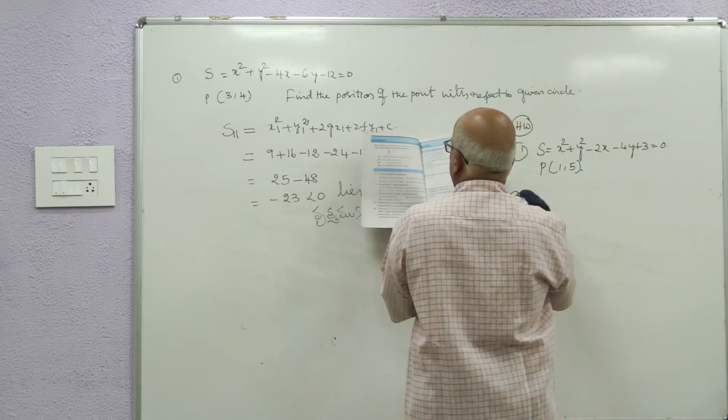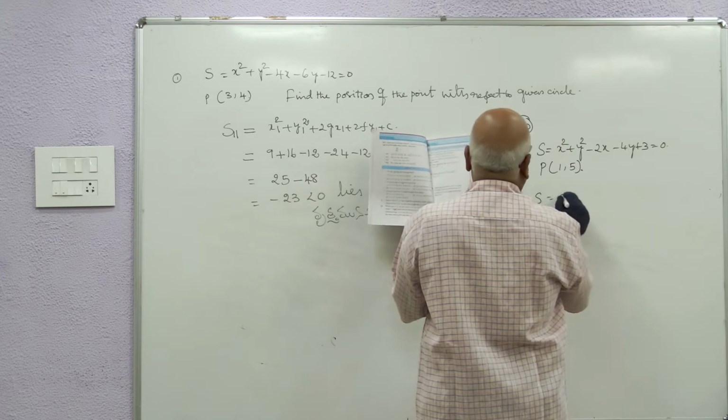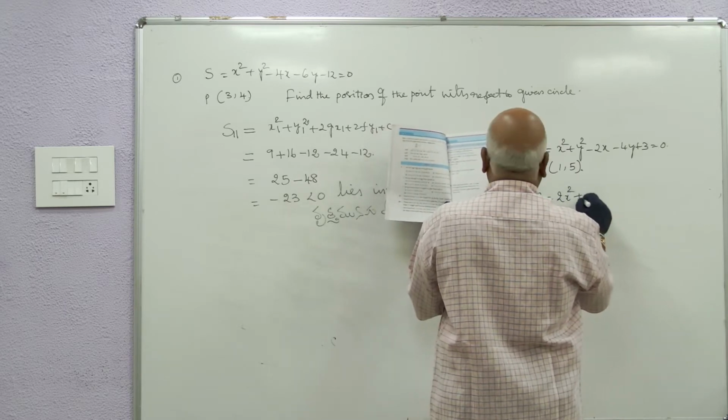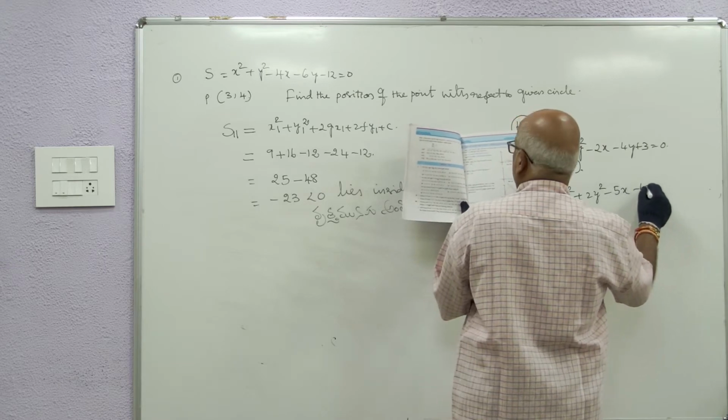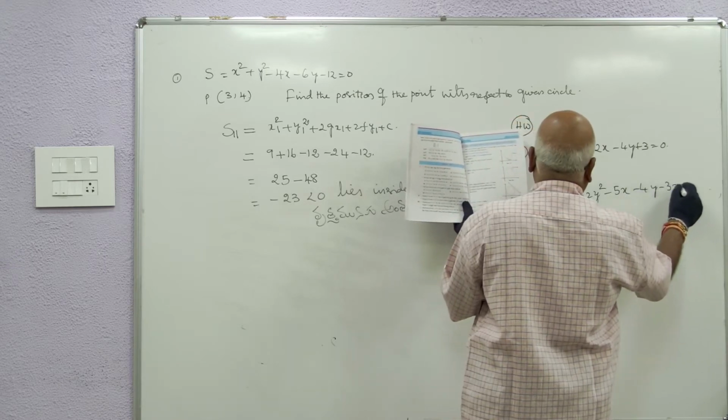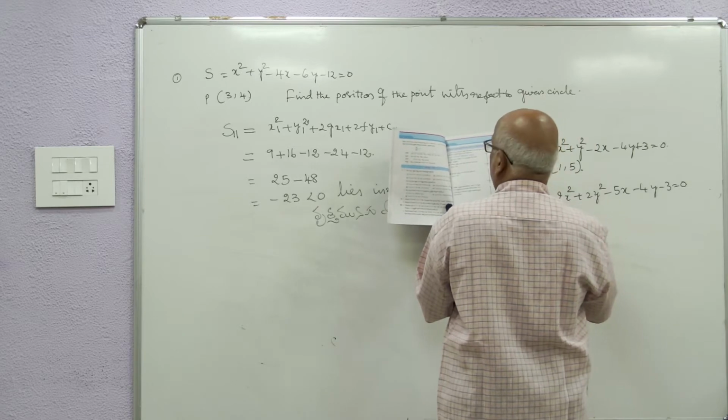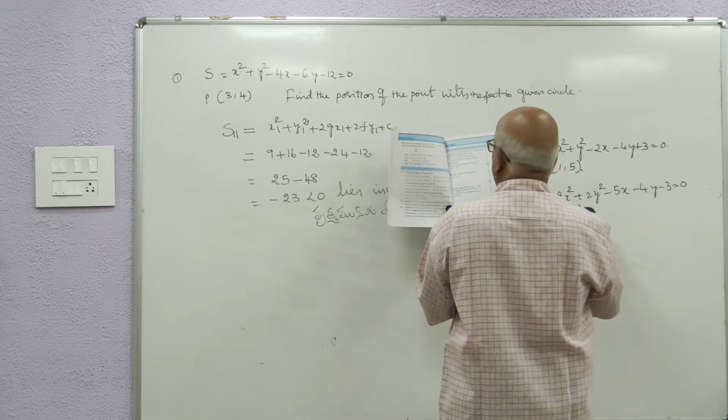Second problem, S equal to 2x square plus 2y square minus 5x minus 4y minus 3 equal to 0. Point is 4, 2.